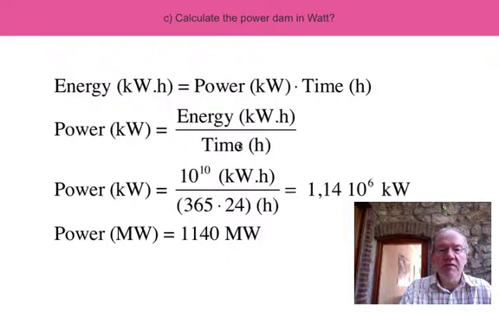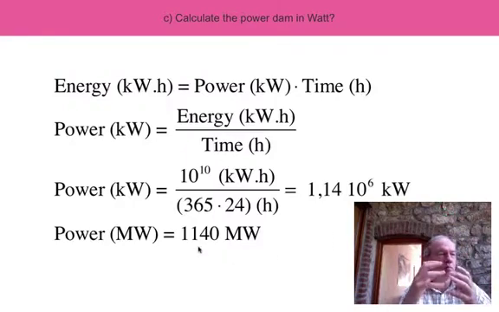If we divide by the time, in 1 year you have this number of days, and in a day you have this number of hours. The answer is that. Thus it is the same as a nuclear power plant. It is the same number.